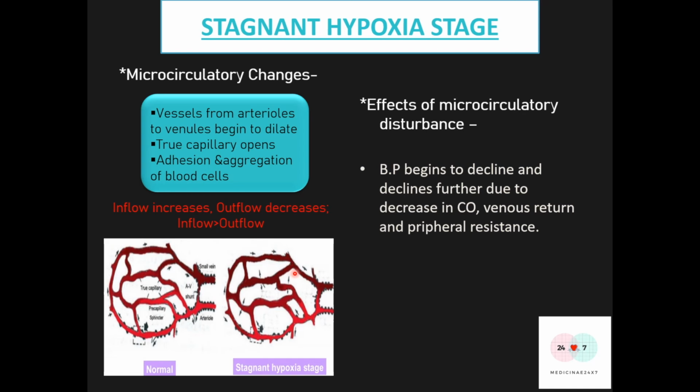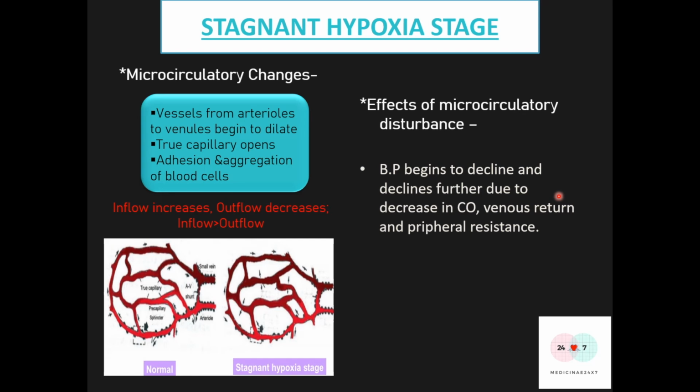Well, if you remember the last stage, the ischemic hypoxia stage, we mentioned that whenever there is vasoconstriction, there is increased outflow than inflow. So there was increased and adequate venous return to the heart, and the heart functioned adequately. But in this case, there is increased vasodilation, and as a direct consequence, the blood pressure decreases.